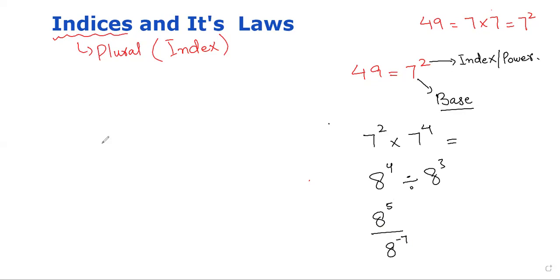Let's start with this. So the first law which I have is law number 1. Sorry for my writing. It is a to the power m into a to the power n, and it is equal to a to the power m plus n.